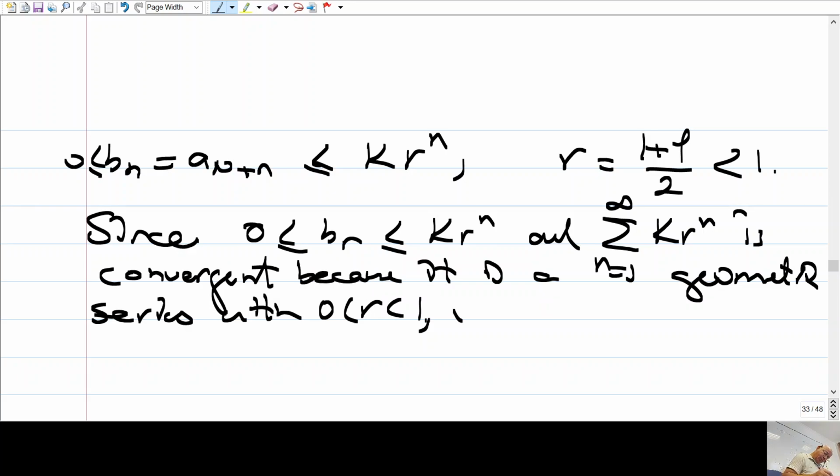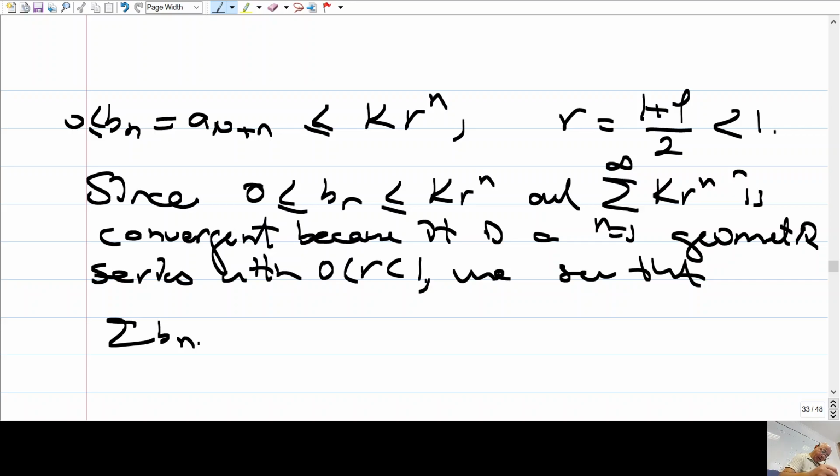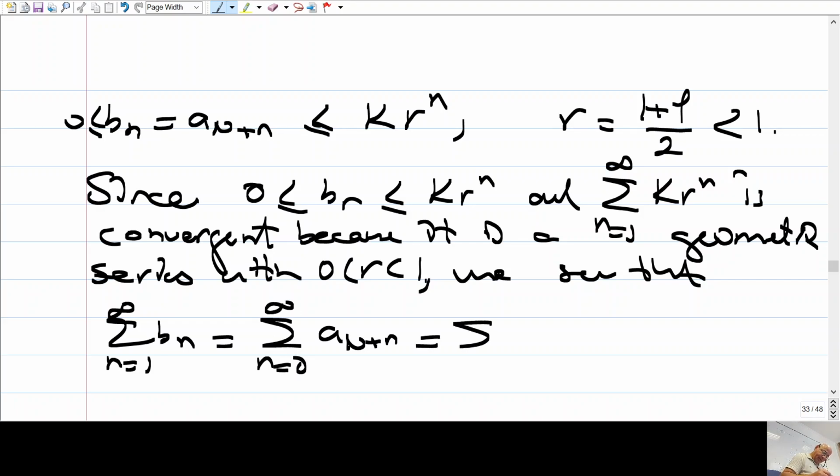Because we see that b_n, what is b_n? b_n is just a_{N+n}, and the sum from 1, or actually 0, to infinity, is the same thing as this one, which is convergent.